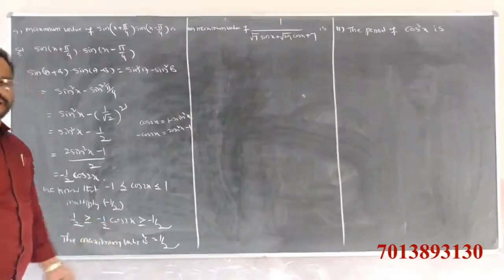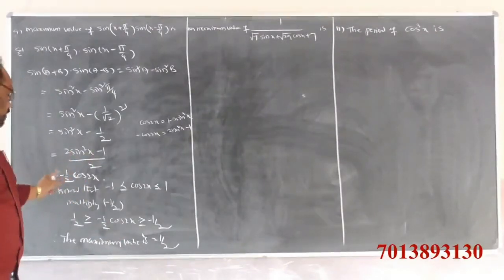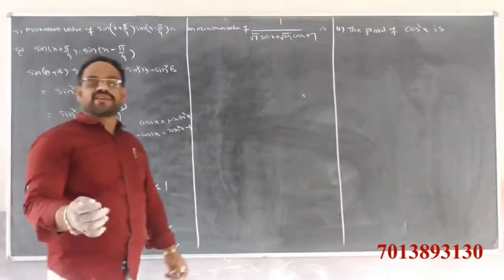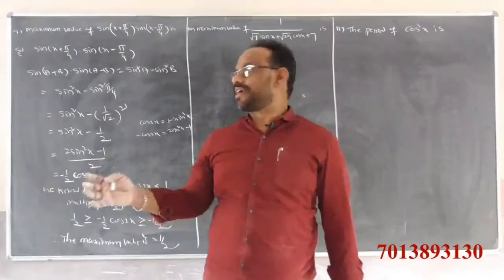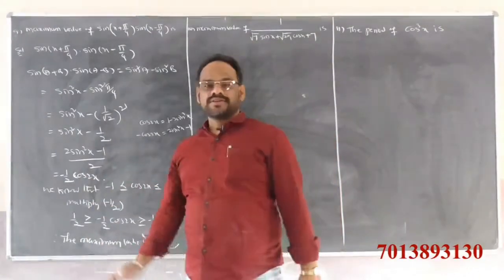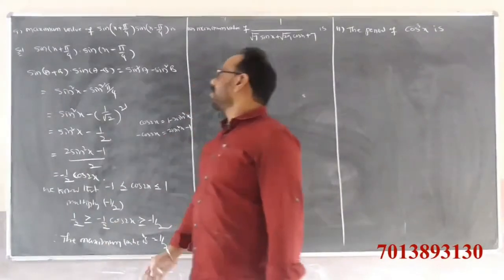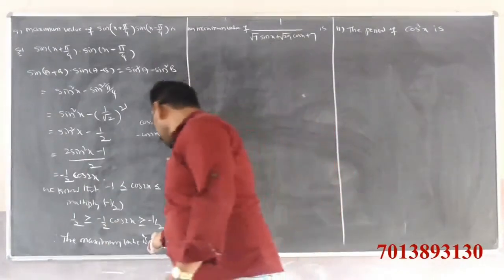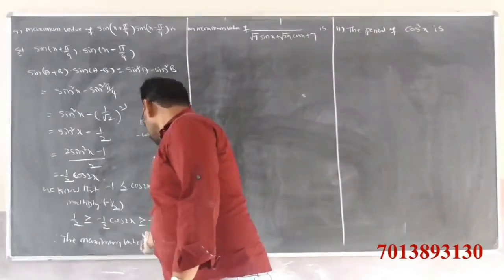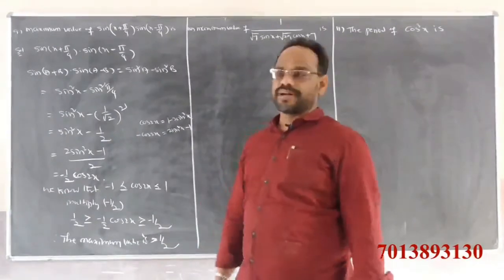Here we get square root of 1 by 2 whole square, which is 1 by 4, and 1 by 4 can be written as 1 by 2 whole square. Square and root get cancelled, we get 1 by 2. So the maximum value of this function is 1 by 2 plus 1 by 2. If you ask for the minimum value, that is clearly minus 1 by 2.